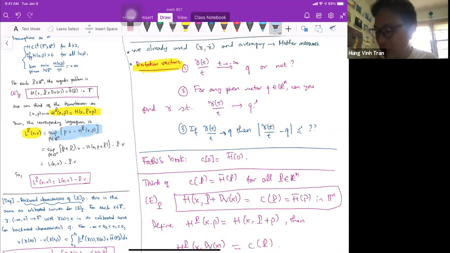And then you write back H of x, p plus capital P, and then you change it to this one, and then you have to normalize it back. So it turns out that L capital P is just L shifted by P dot v, so shifted by a linear map, right, or whatever. So that's quite convenient.